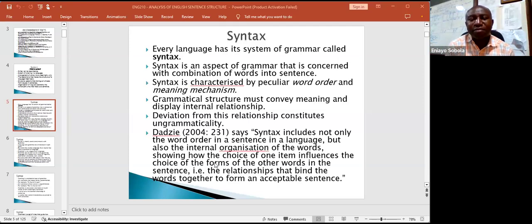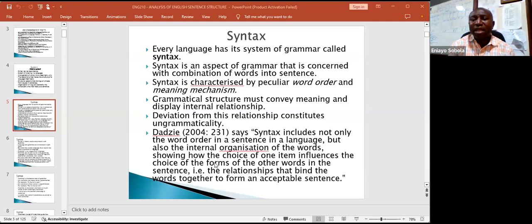Let's assume you have a boy or a man, a car. You want to make a sentence. You cannot just pick the verb carelessly. A boy, you cannot say a boy paid the money, or the boy paid the money.